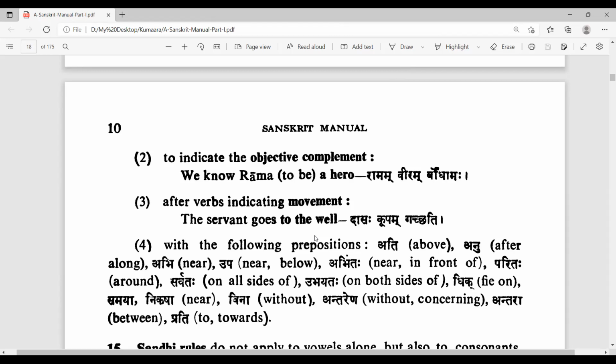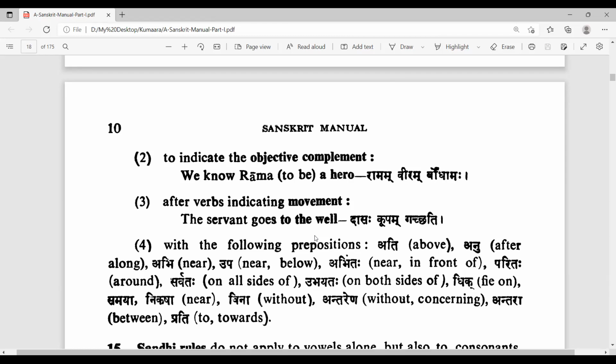After verbs indicating movement, Gatyarthaka Dhatus: Rama goes to the well. To the well, the place of reach, that is the destination. That is also considered to be karma only, a direct object, the well. So Dasaha gachati, Dasaha gachati Kupam.